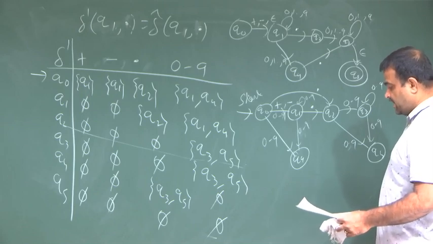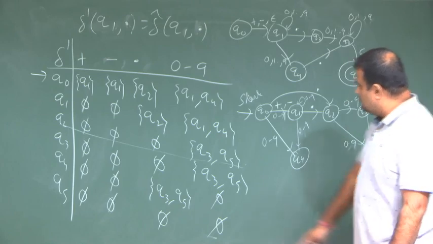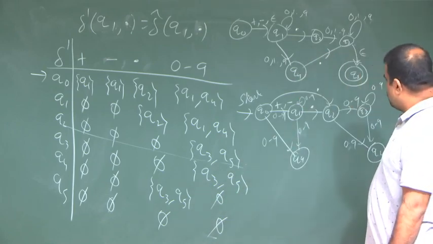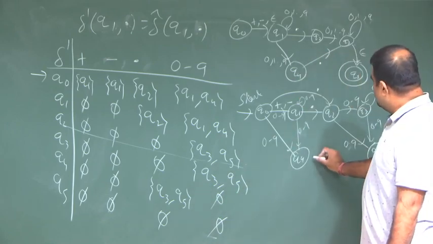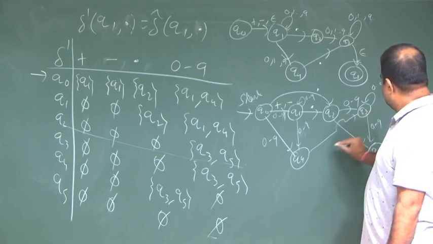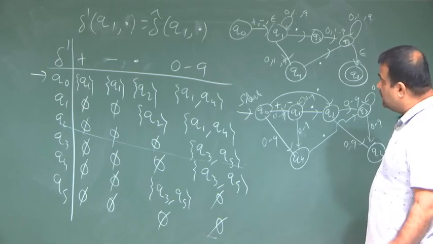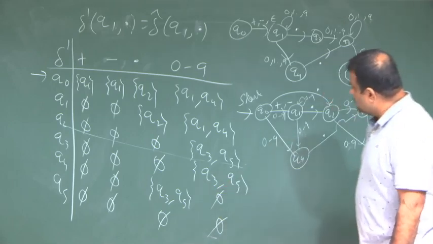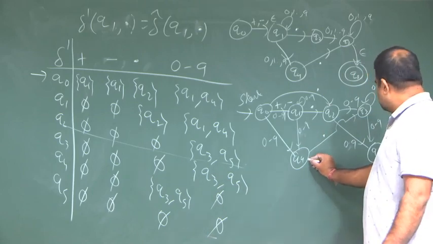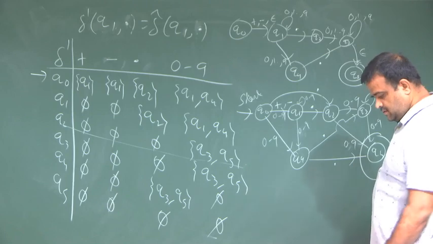Now from Q4 we have only one move, for dot. With dot we can go to Q3, or we can go to Q5 with dot, and Q5 is the final state.